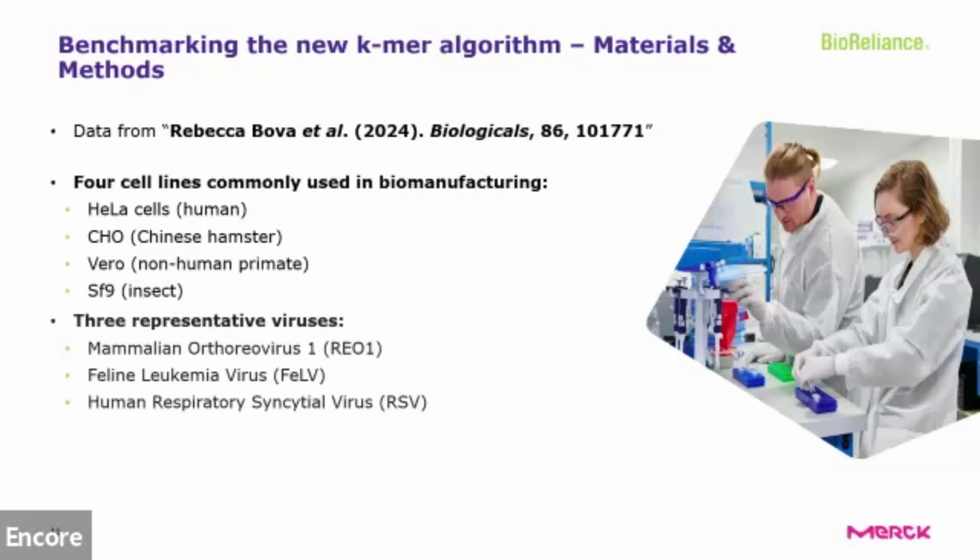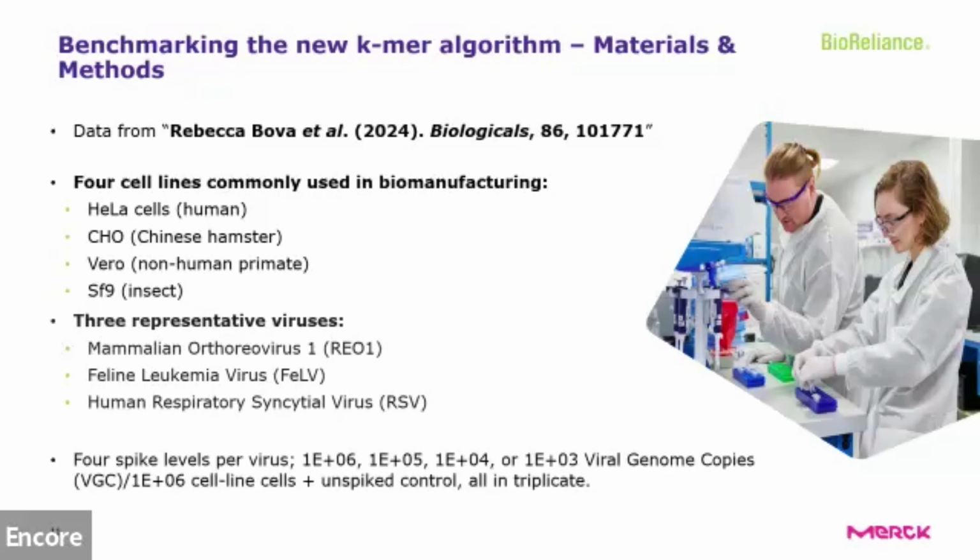I have to say, we're now also going to validate our cell-free assay and transcriptomics. There we will use the WHO panel. But for the bioinformatics-only assay, that's what I'm talking about right now, we did it on these 3. Rebecca's group used 4 spike levels from 1E6 to 1E3.